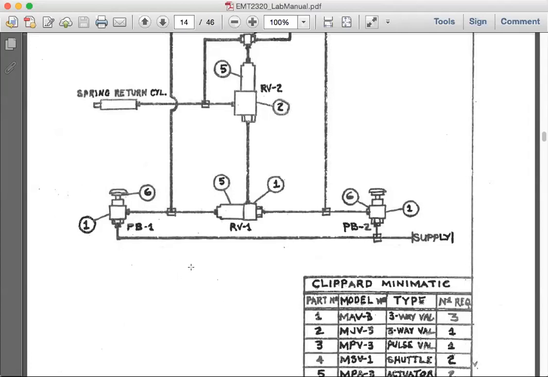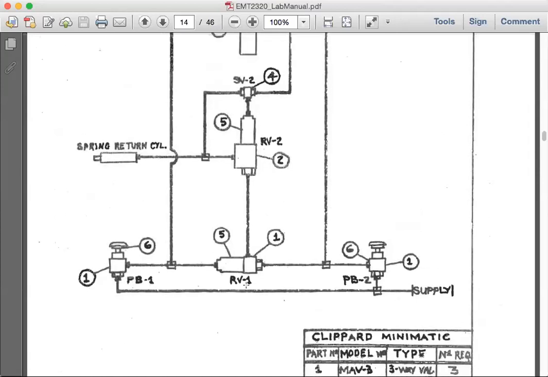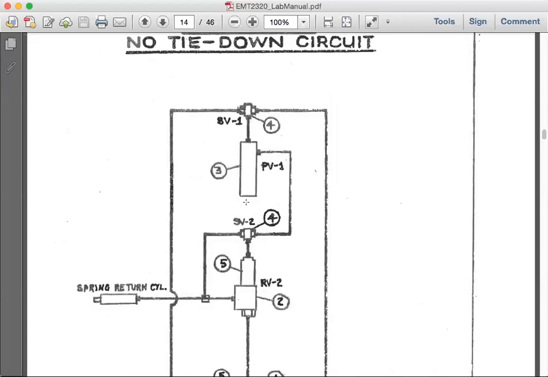In this case, you see it's PB1, PB2. So even though you name it 1, then you have a second description, push button number 1, push button number 2. Over here, you have RV, 2 valves. Or shuttle valve 1, shuttle valve 2.